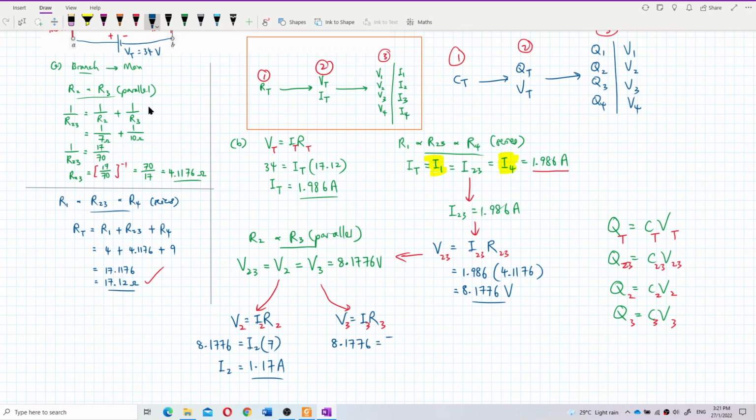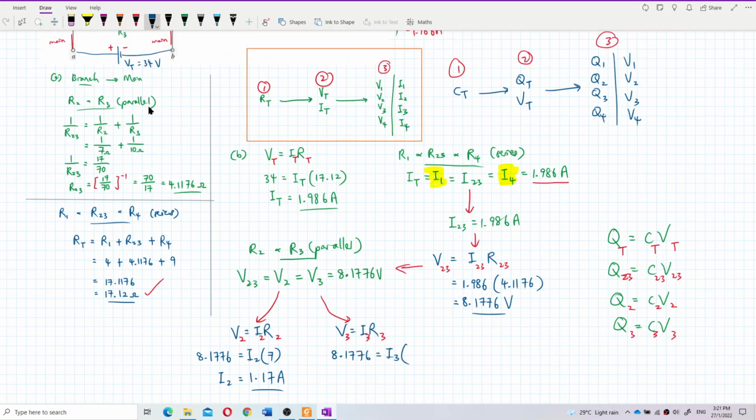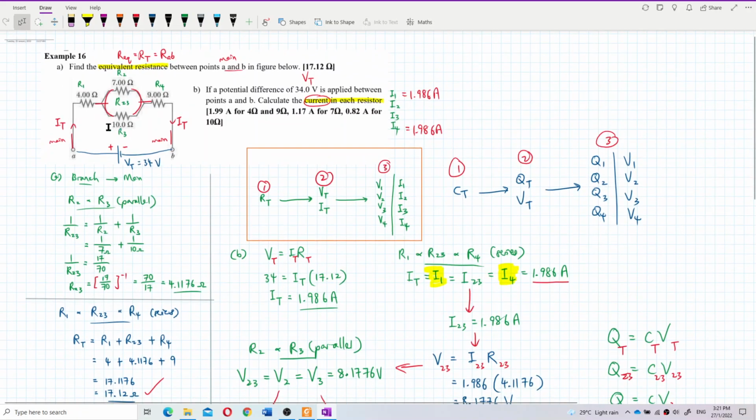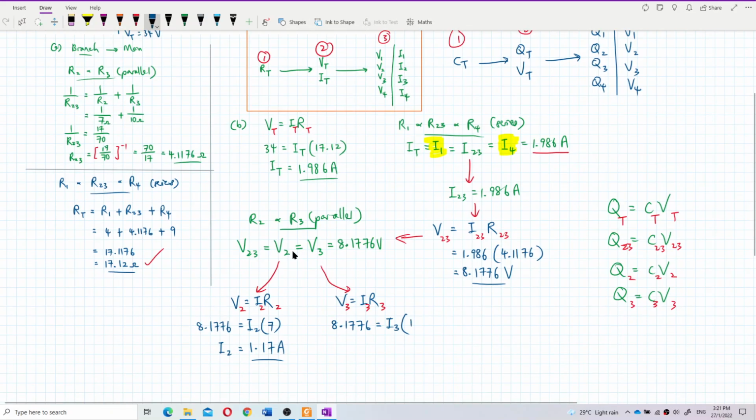And then for I3, this voltage 3 is 8.1776, and then I3 R3. What's R3? R3 is 10 ohm. Okay, put in the 10 ohm there. And I3, let's calculate, 8.1776 divided by 10. So I got 0.82 ampere. That's the answer.